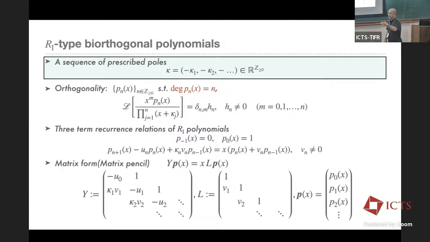It means that in the previous Laurent polynomial case, the pole only happened at the origin, zero. But in our case, the poles can be chosen as prescribed poles. And from this system we will also obtain a three-term recurrence, but not the standard one. One of the matrices is tridiagonal, the other one is bidiagonal. So this matrix pencil should appear.